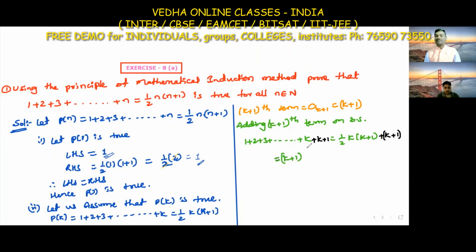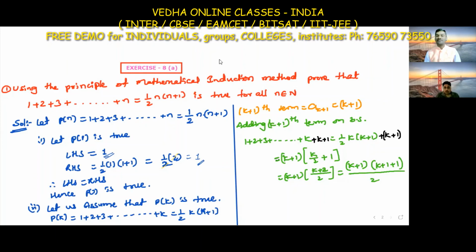Then we get k by 2, and since k plus 1 is already taken common, here we get 1. The k plus 1 stays as it is and the LCM is 2, so k plus 2. This equals k plus 1 into k plus 2, which we can write as k plus 1 into k plus 1 plus 1, whole divided by 2.